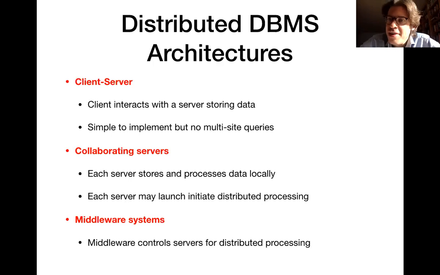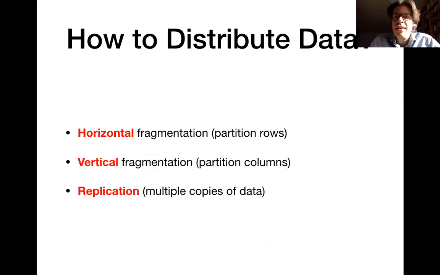Another important criterion is how we distribute the data across those different sites. What I can do, for instance, if I have a very large table which might not even fit on one single site, is partition it by storing subsets of rows at specific servers.